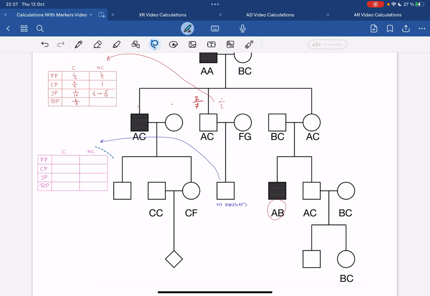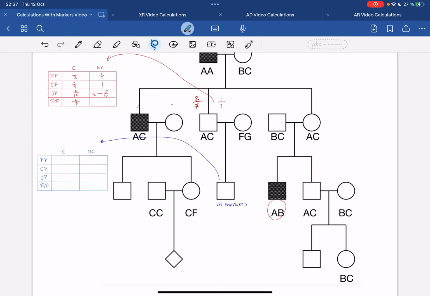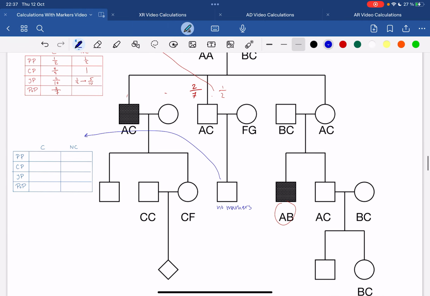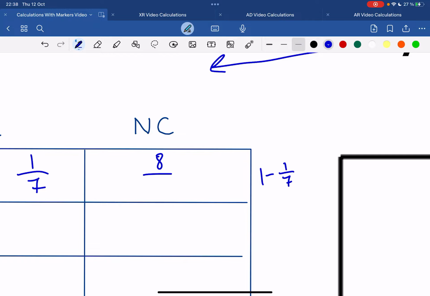So in this case, right here, 1/2 of what the parent has is 1/7, but we can write it down so it's easier to follow. 1/7. And the non-carrier is just 1 minus 1/7, which is equal to 6/7.